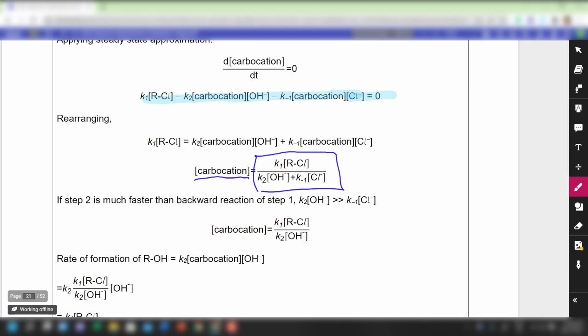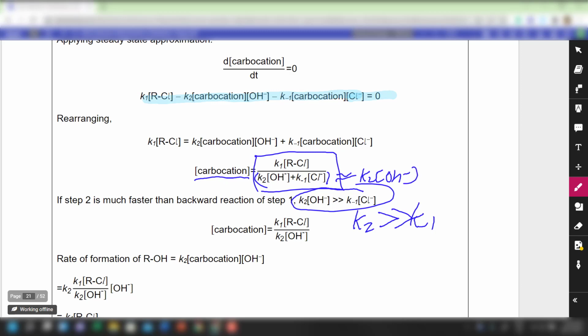So we would expect K2 to be much greater than K-1, and we would expect the multiplication of K2 with OH- to be much greater than K-1 with R and Cl-. Because of that, we will approximate the expression below to K2 OH-.